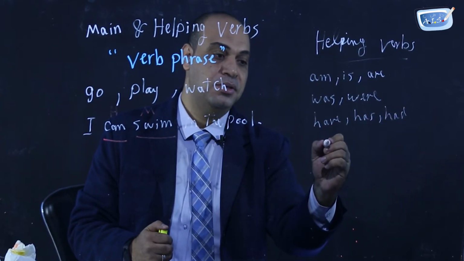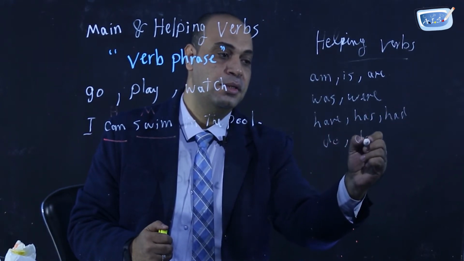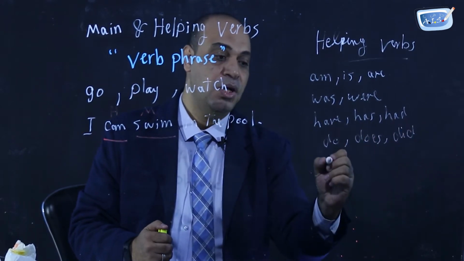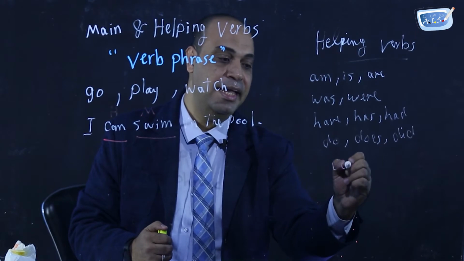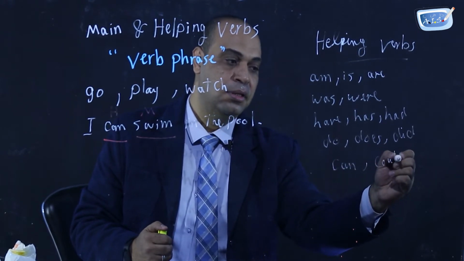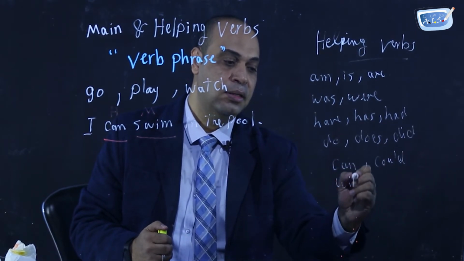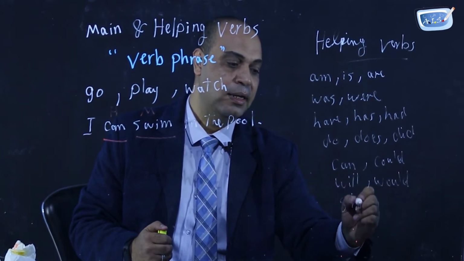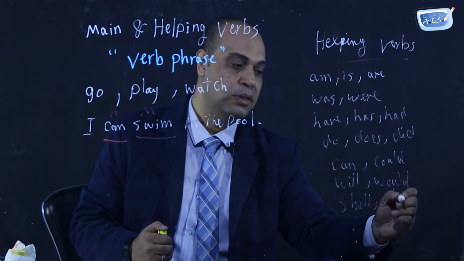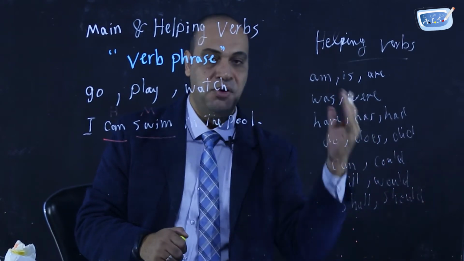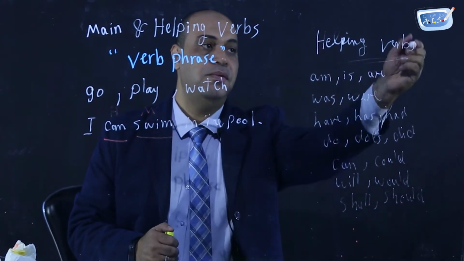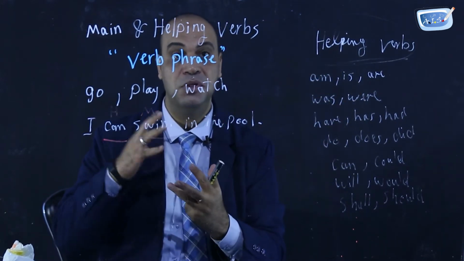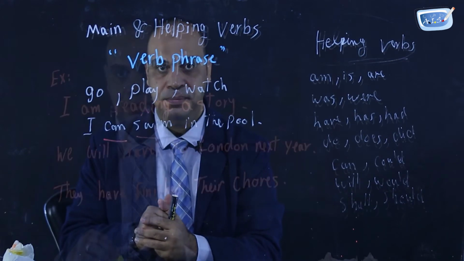We can say do, does, and did in the past. And we have some modal verbs like can, could, will, would, shall, should. So these are types of helping verbs. The helping verb generally comes before the main verb.